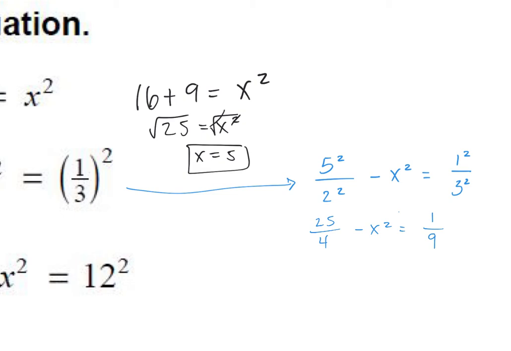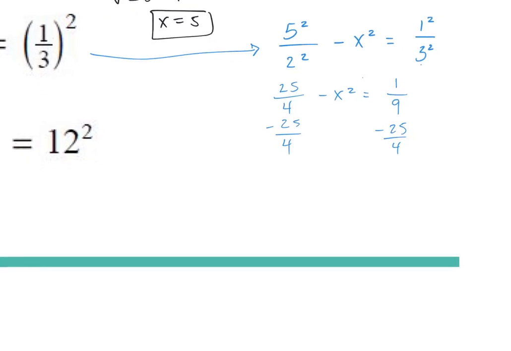What's there on the left side that we need to get rid of? 25 over 4. Good, so let's subtract 25 over 4 to both sides. So we've got negative x squared equals 1 over 9 minus 25 over 4.